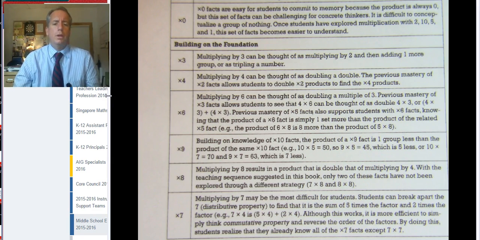Our 8s we can think of as doubles, right? But 7s, it's a little harder, right? It's not as convenient as working with our doubles or working with triples. So we hold off on 7s until the end. And we'll look at it on the multiplication chart later as well.